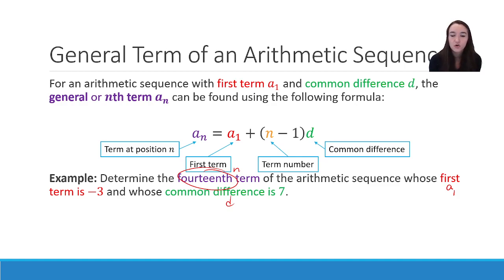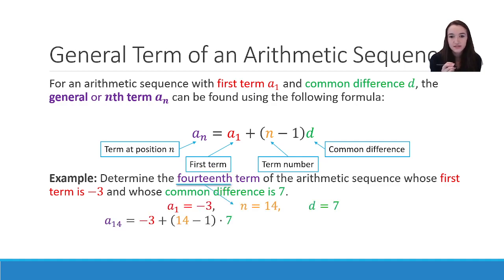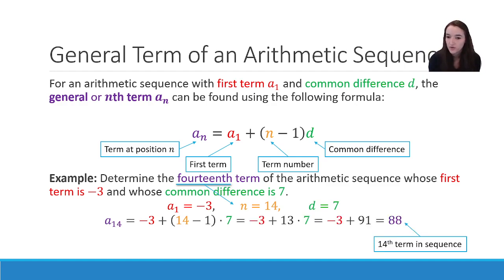So we're looking for A14. Our goal is A14 is equal to -3 plus 14 minus 1 times 7. Okay? And then it's just a matter of put that in your calculator, simplify it, etc. And we get 88 in the end. So A14 is 88.